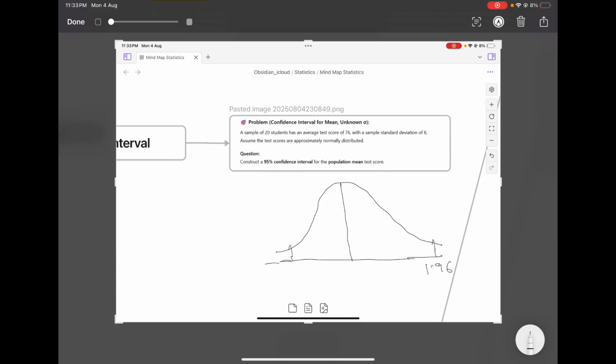By symmetry, this will be minus 1.96 here.